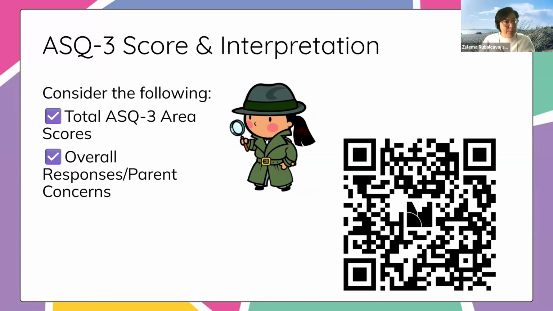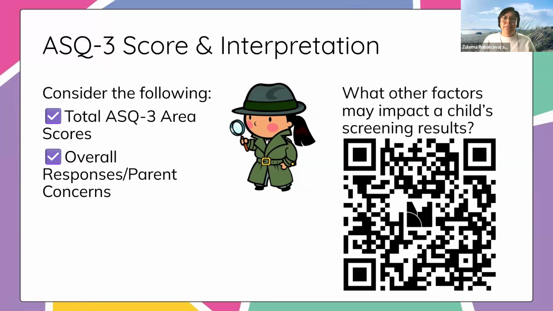We have the overall responses, like I just said. But what other things might impact those screening results, right? So what other things that maybe we might not know that are existing in that child's environment that could impact how they're meeting those milestones?